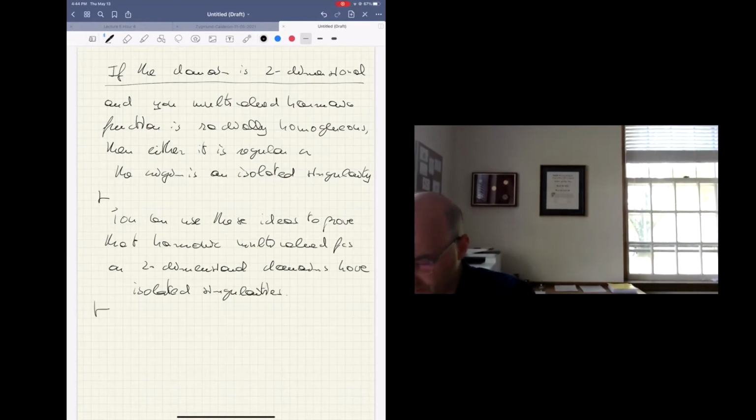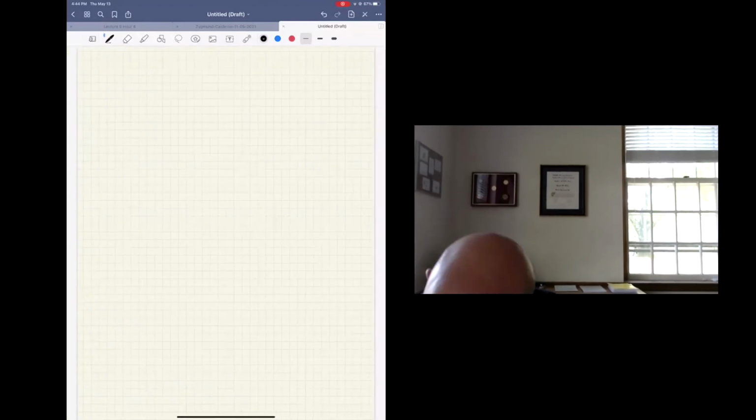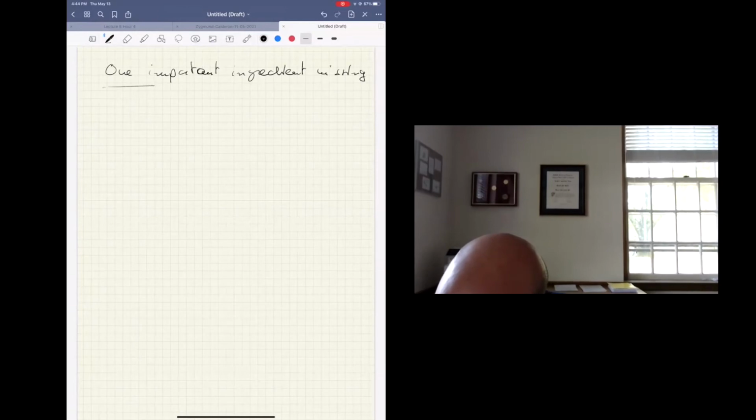Okay, so the trick to do this, there is one important ingredient still missing in this picture. And it is what in our papers we call persistence of singularities.